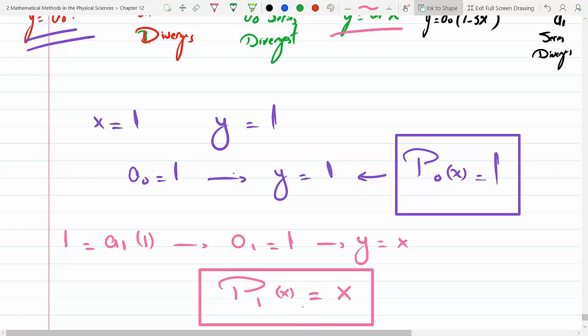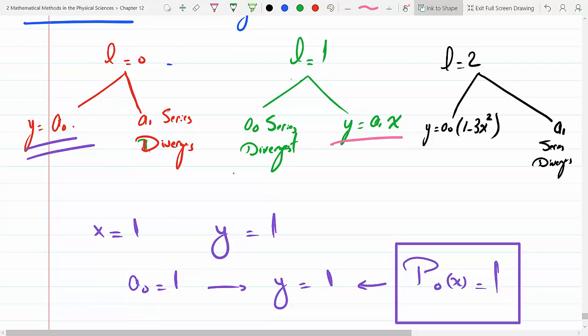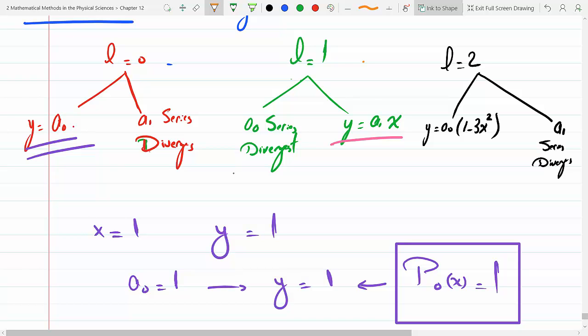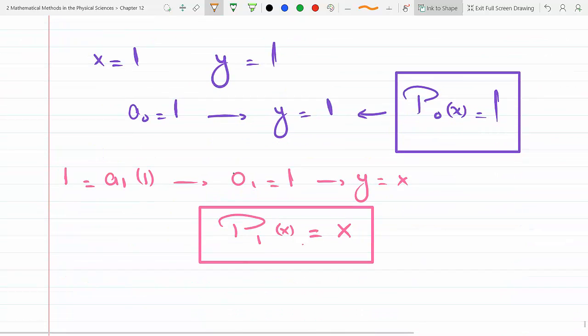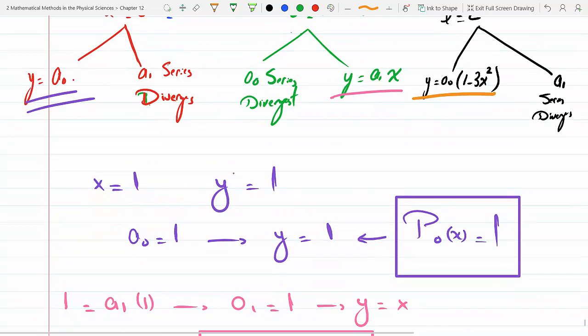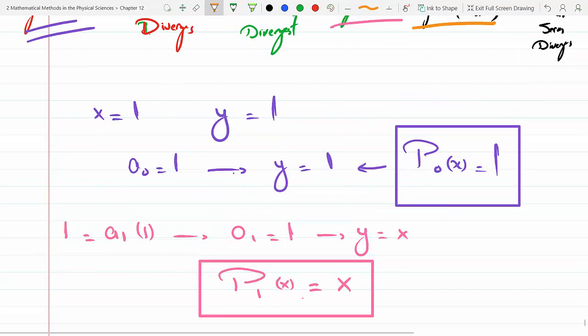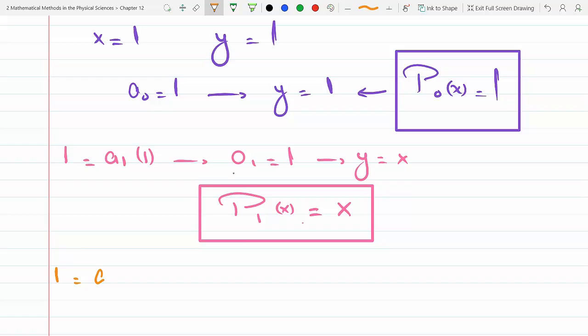Now if I go to L equals 2 and do the same exact thing, I will consider this, and again I will set x equals 1, y equals 1. So I get 1 equals a0 times 1 minus 3 times 1 squared. So I get a0 equals, 1 minus 3 is minus 2, so minus half.